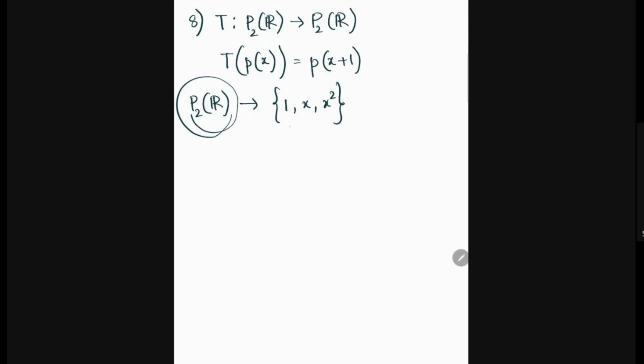So this is the basis of P2R. If I say P3R, then our basis will be 1, x, x square up to x cube. So the dimension of P2R is 3, and here the dimension is 4.